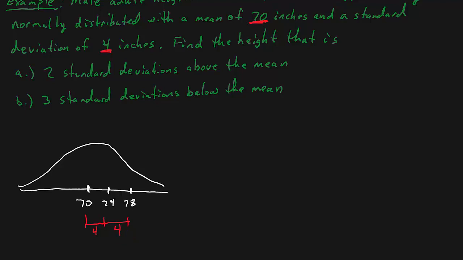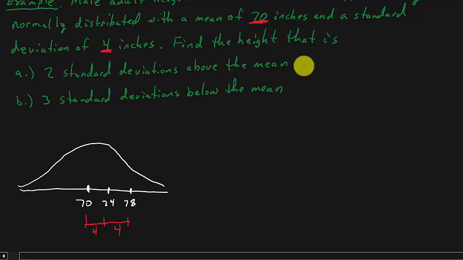Okay, so for part A, the height would equal, well, we can see it's 78, but let's write it out. What did we do? That's going to be 70 plus, now what am I doing?